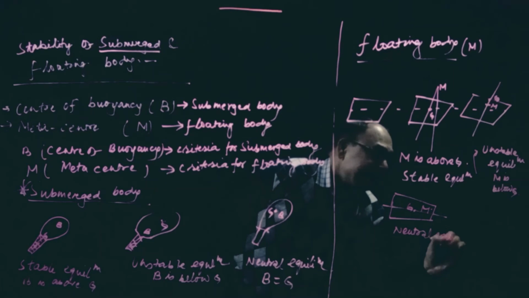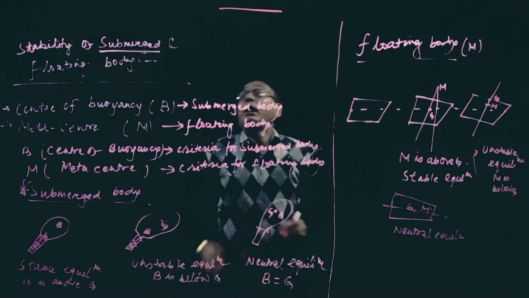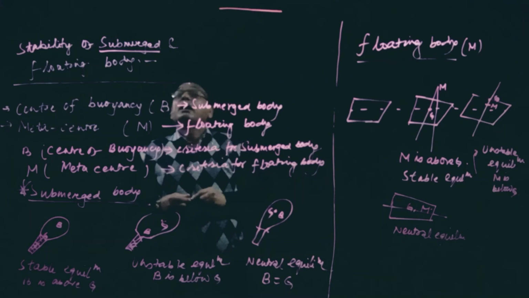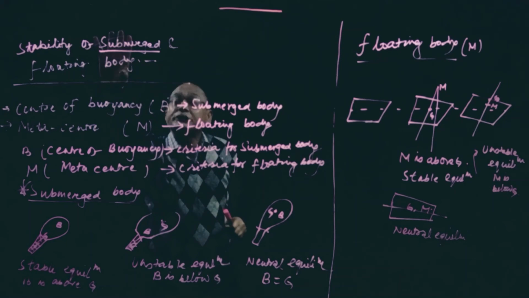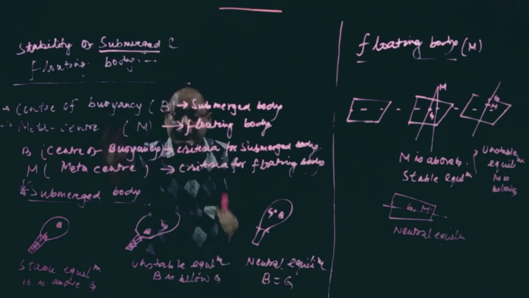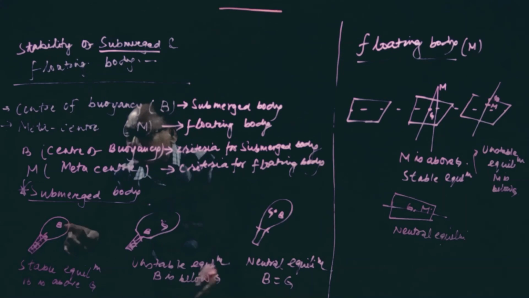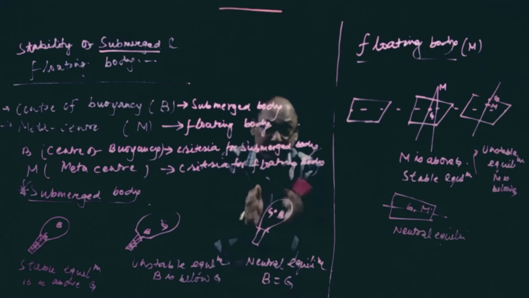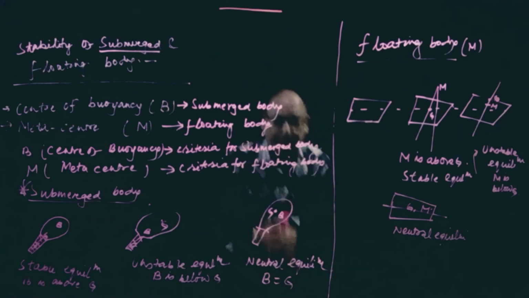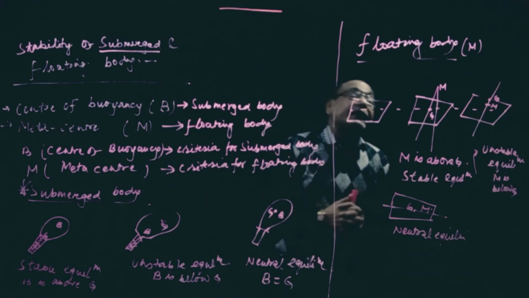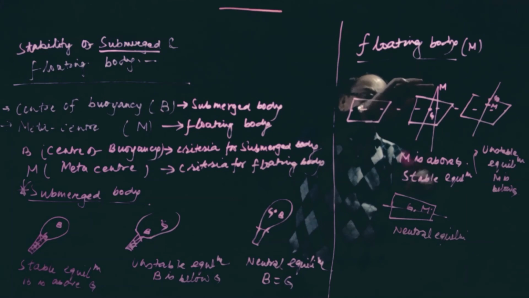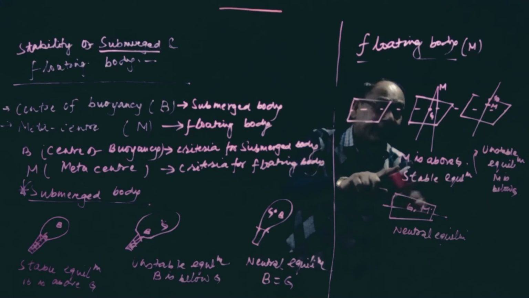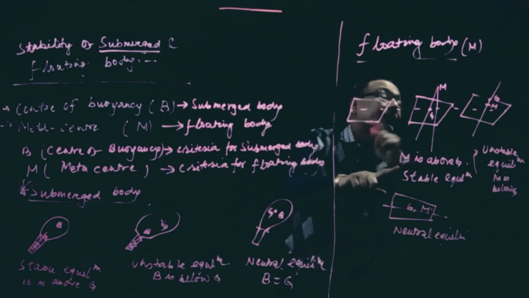So these are the criteria for the conditions. Submerged body means center of buoyancy: one is stable when B is above G, when B is below G it is unstable, and at a point where both are together, that is called neutral equilibrium. Now floating body means metacenter: when M is above G, that is called stable equilibrium.